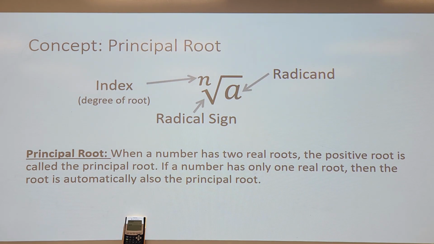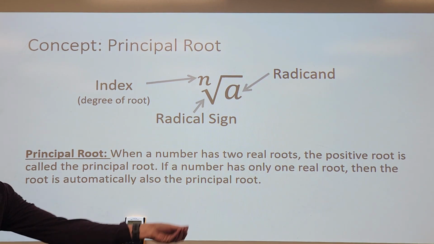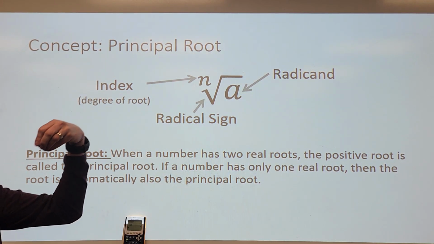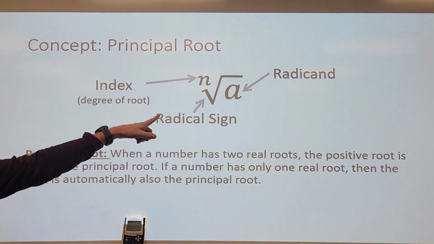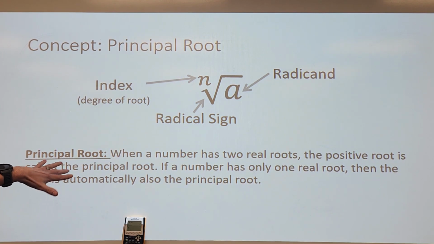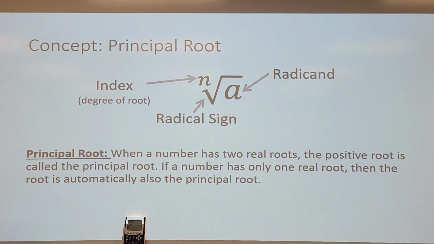All right. Now, considering the principal root, that's what we did with our calculator just a moment ago. The principal root is a situation where we're only going to focus on the positive root if we're talking about an even index. All right? So when a number has 2 real roots, when it's an even index, then we say the positive root is referred to as the principal root.